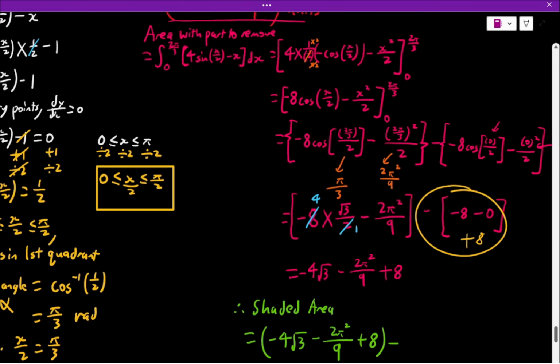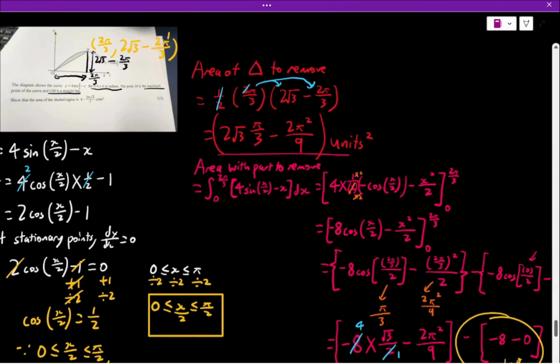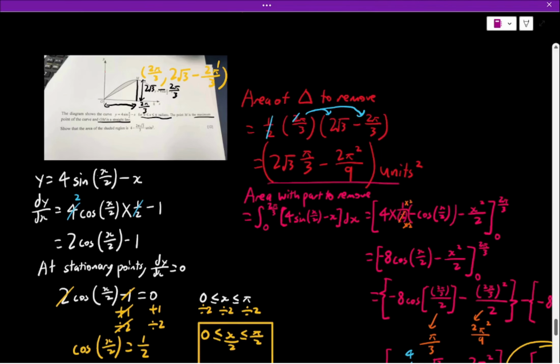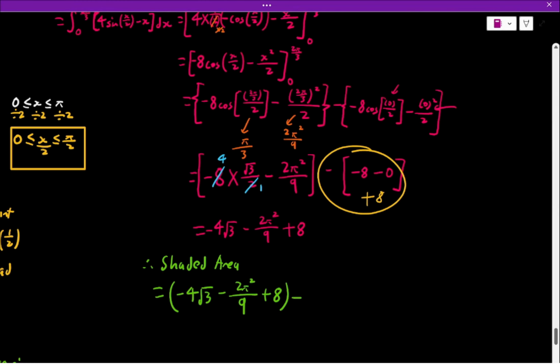Hold on. Okay, I think there's a mistake I made somewhere, but it's okay. So actually, this part we can rewrite as 2 pi root 3 over 3. So let's do that. 2 pi root 3 over 3, and then minus 2 pi squared over 9.